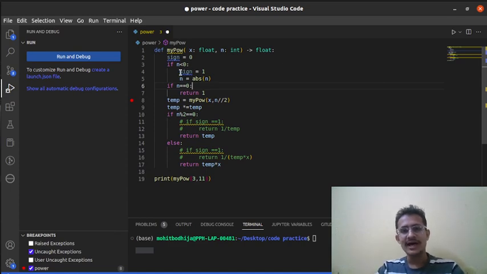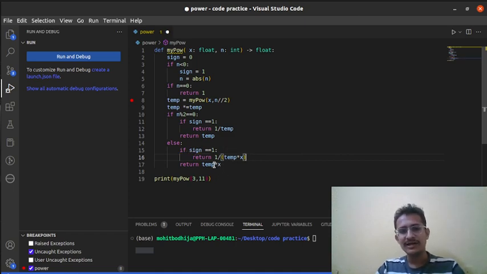So I have just initialized sign with 1, and made n positive again. Then I am doing the same things. Again I am checking if sign equals 1, I return 1 by temp. Here also if sign equals 1, I return 1 upon temp into x.